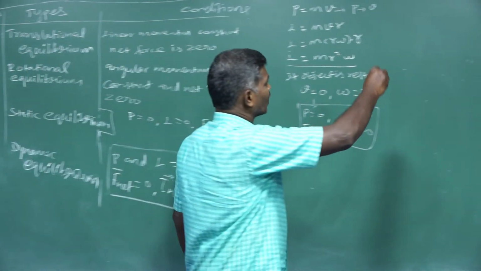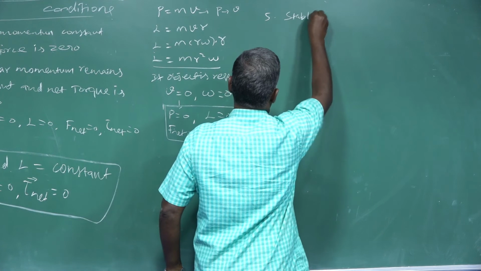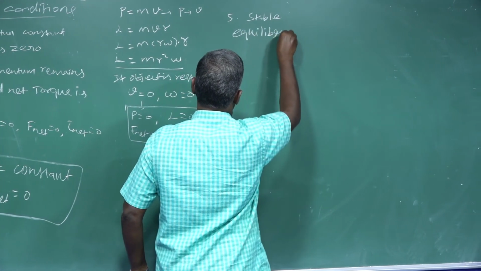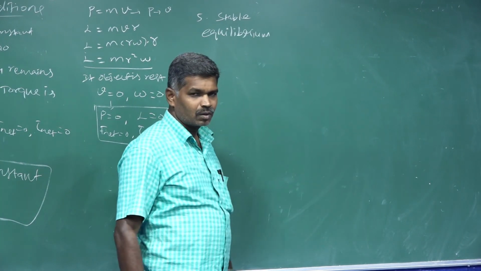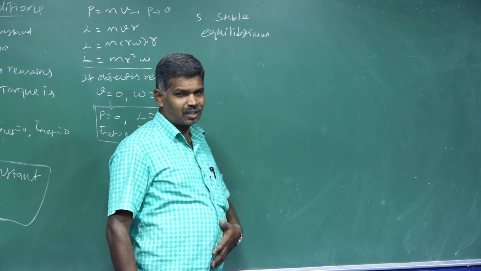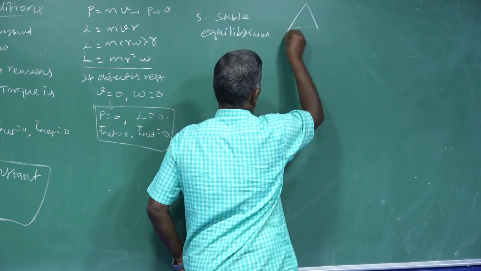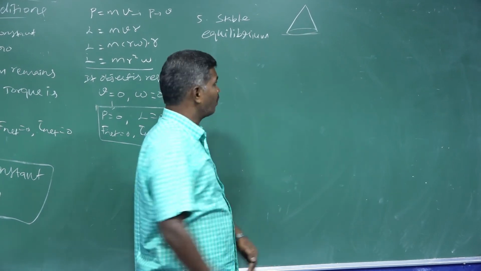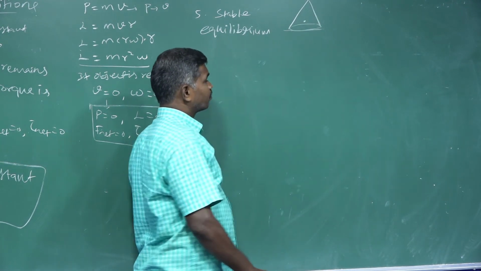So for that, the fifth one is stable equilibrium. For that we can take a very small diagram. A cone rests on its base, where the center of mass of the cone is in a lower region.